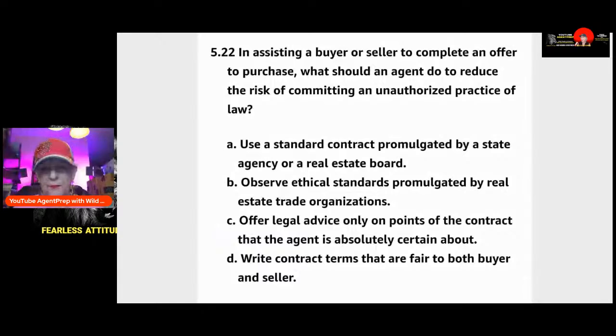Consolidated agency or every their own contract documents, right? And in Texas, we call them promulgated contracts, and we hold a course on that when we're taking our 180 hours. In other states, you're promulgated.